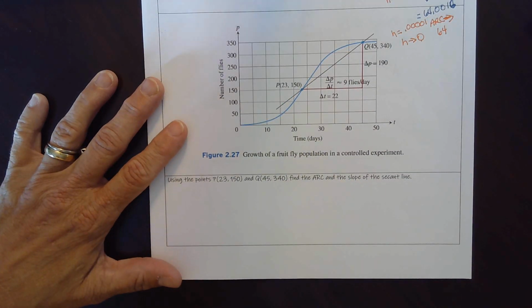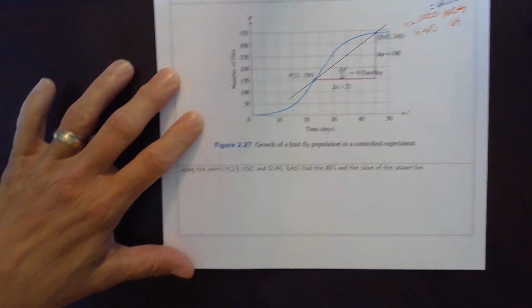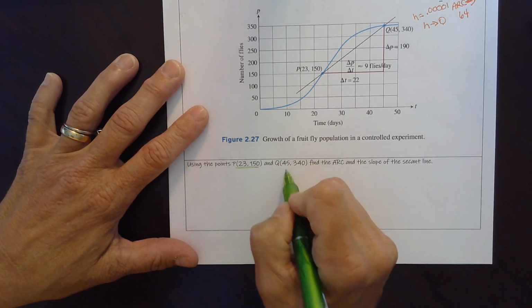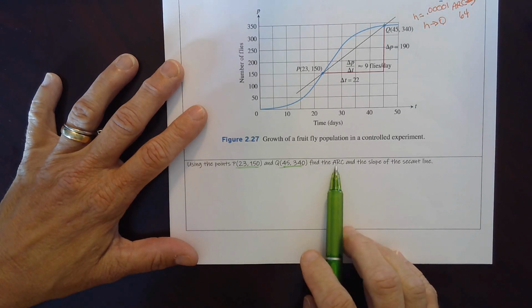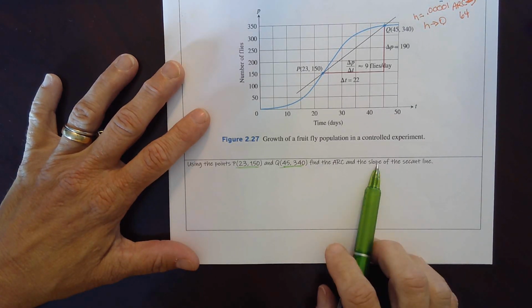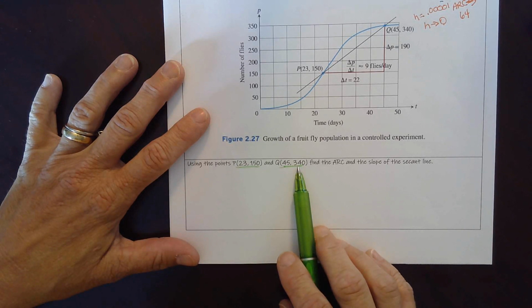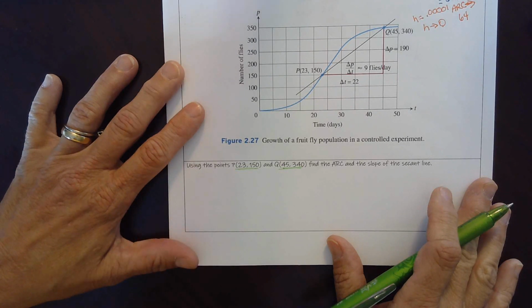Let's use the points (23, 150) and (45, 340) to find the average rate of change, the slope of the secant line that goes through those 2 points. And then I want us to talk about what that value or slope means.